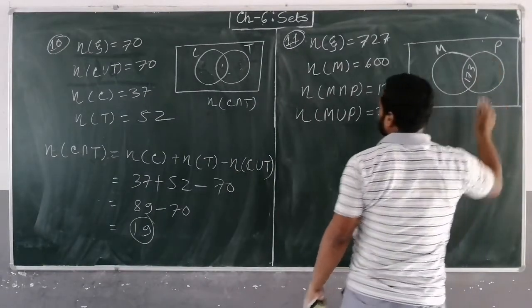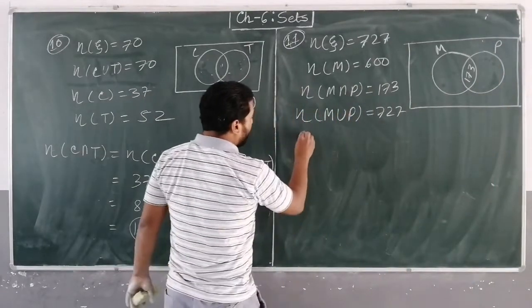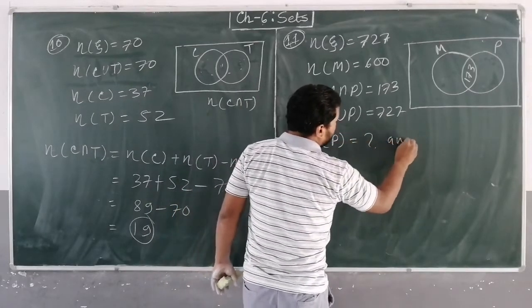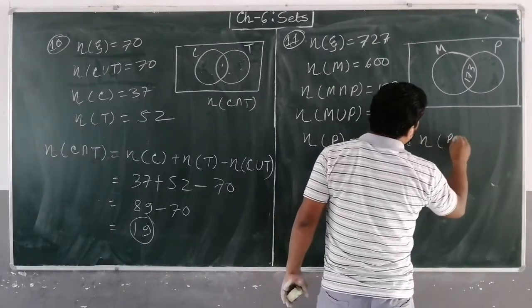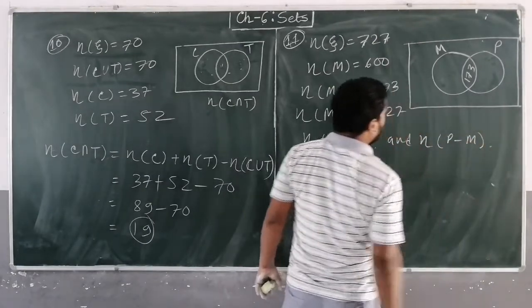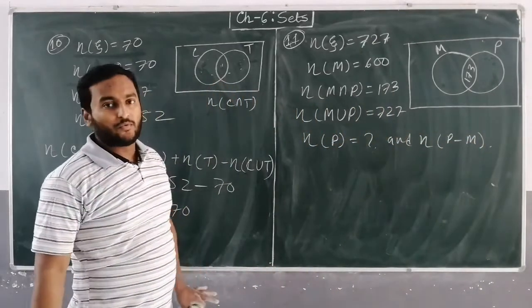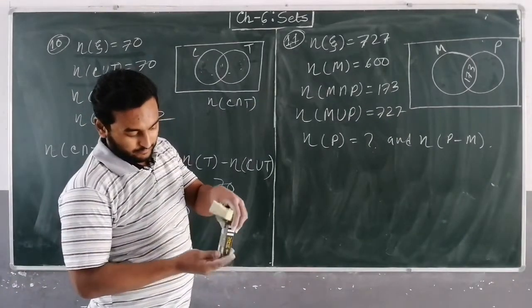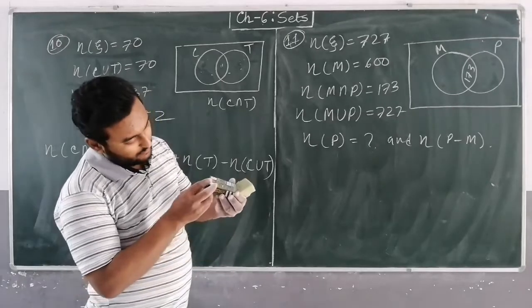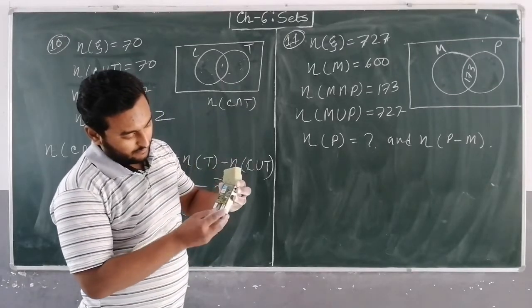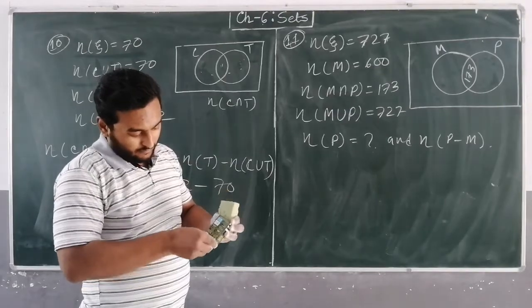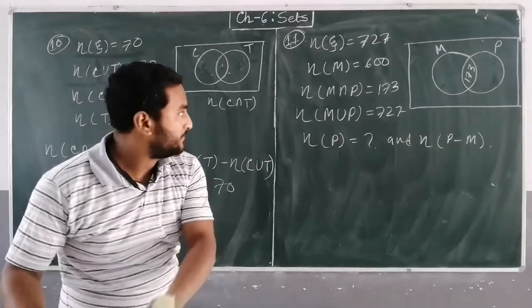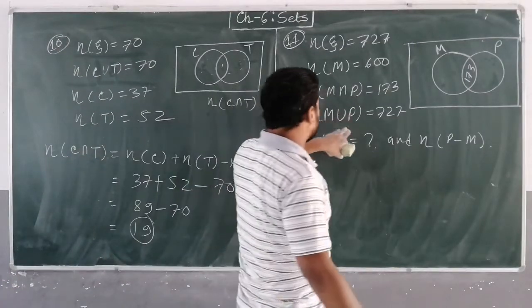So you have to find n of P and n of P minus M. First of all, what are the given things?